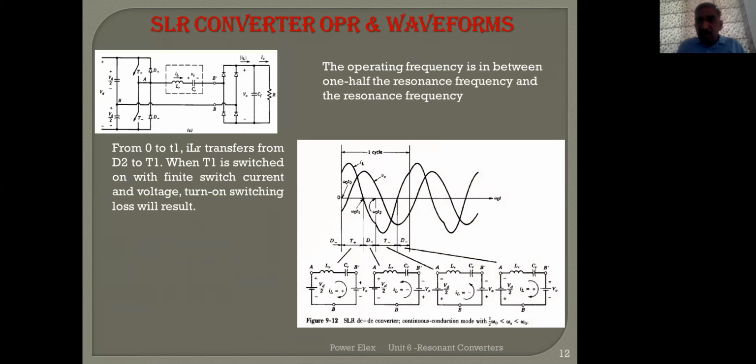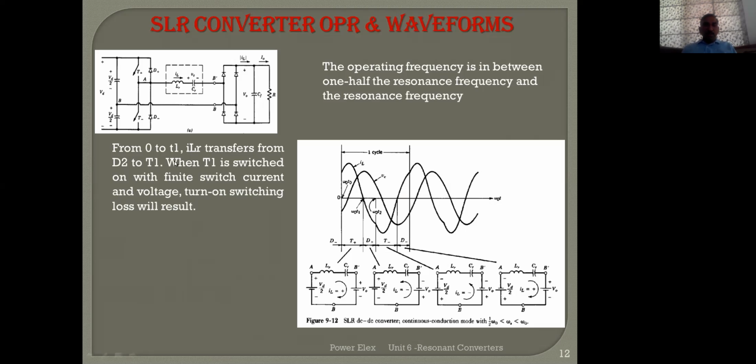Naturally, as this frequency is increased, we may enter into continuous current conduction. So in the same circuit, same four modes, T plus and T minus conduct. But here, note that there is no band where no switch is on. Either of the switches is turned on.